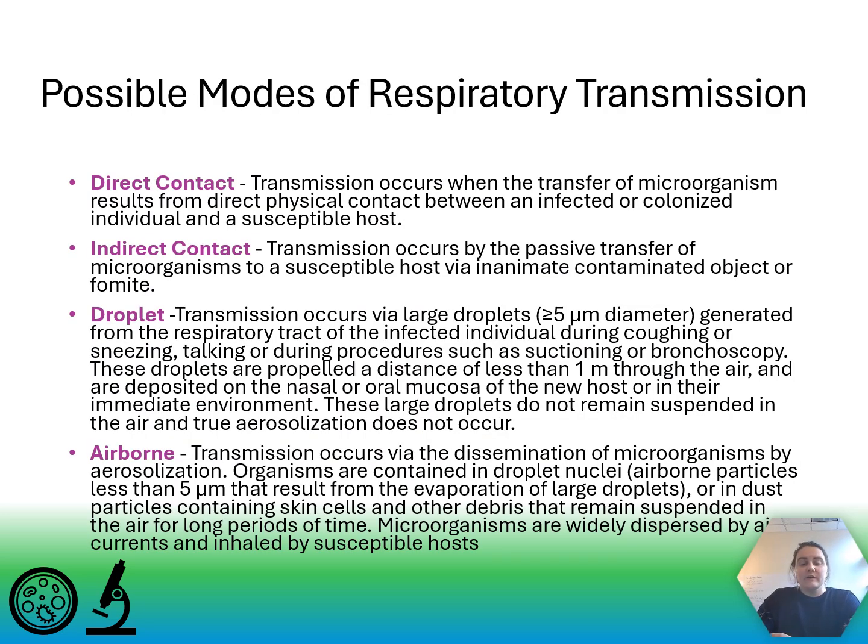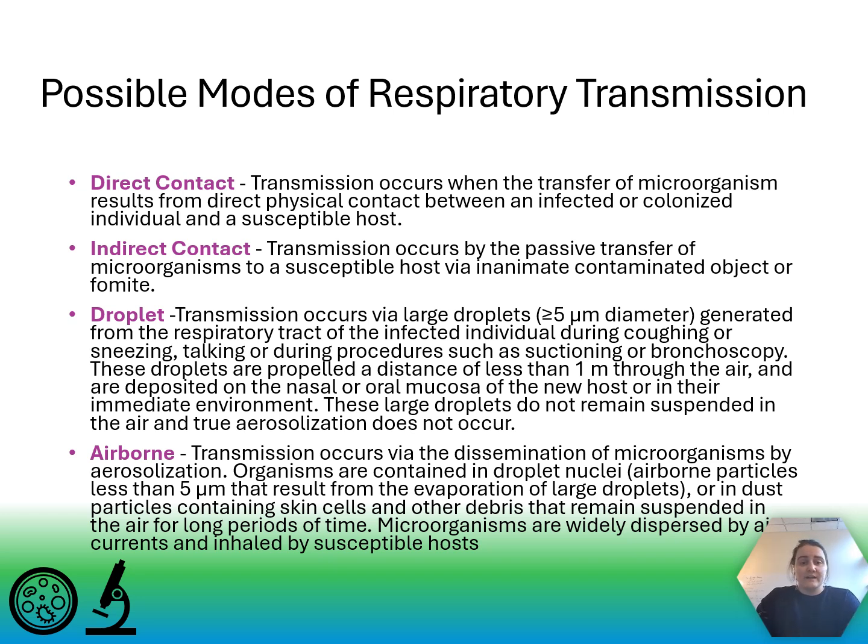The last thing that I want to talk about before we get into class and really discuss this in detail is modes of what we call respiratory transmission. So these are examples for influenza, for the flu, but these are very relevant for lots of different diseases. One of the things we need to think about when we're thinking about air is, how are these organisms transmitted from place to place and possibly from human to human when it comes to pathogens.